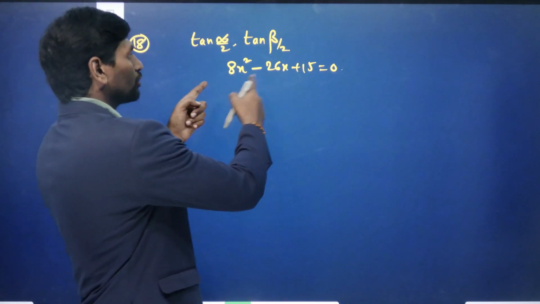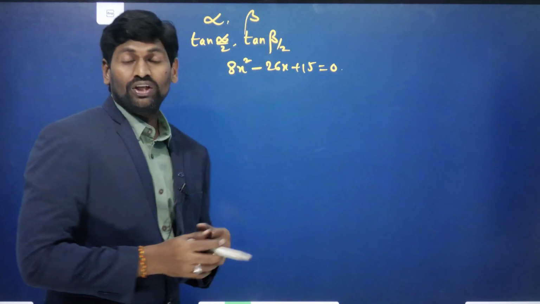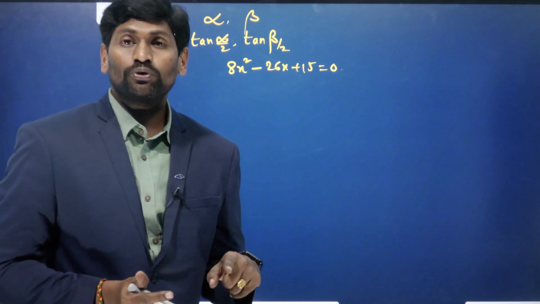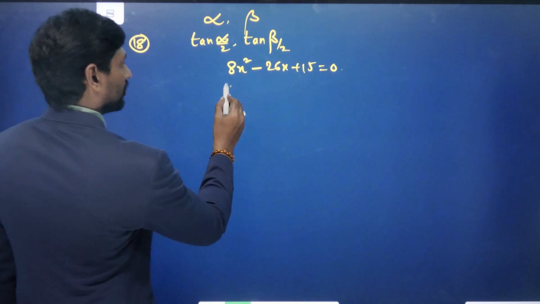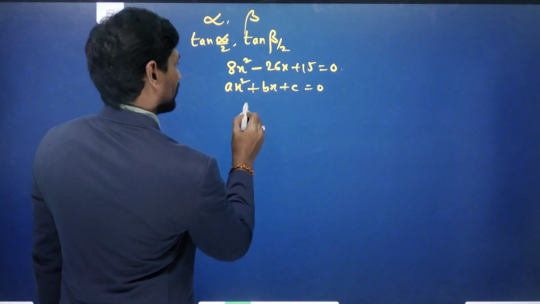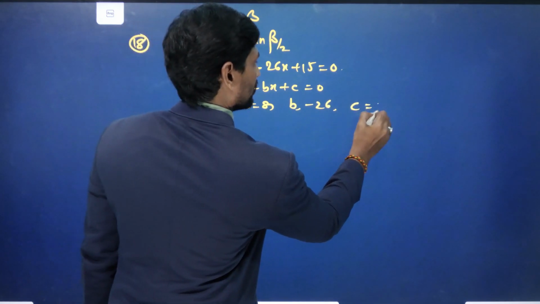So if the quadratic equation having the roots alpha, beta, we know that sum of roots, product of roots. Sum of roots is minus b by a, product of roots is c by a. So compare it, ax square plus bx plus c is equal to 0. From this a value 8, b value minus 26, c value is 15.